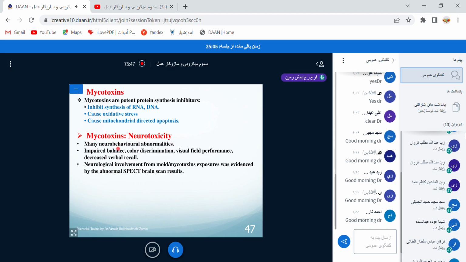Many neurobehavioral abnormalities are related to mycotoxins: impaired balance, color discrimination, visual field performance, decreased verbal recall.